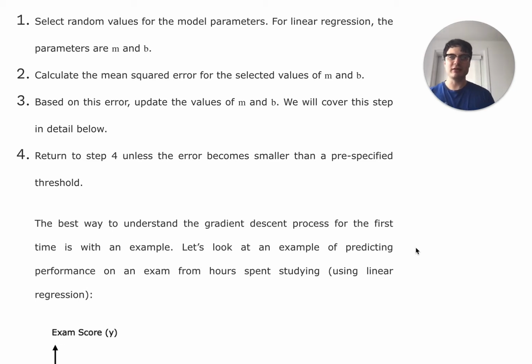We then calculate the mean squared errors for the pre-chosen values of m and b that we chose. Based on the error, we then update the values of m and b using some calculus. And finally, we repeat this process until the error becomes smaller than a pre-specified threshold.